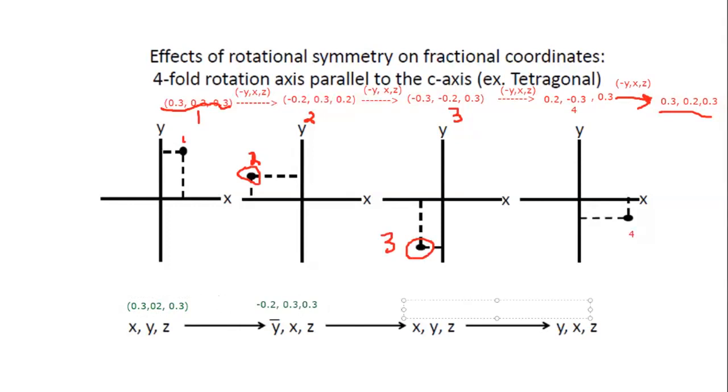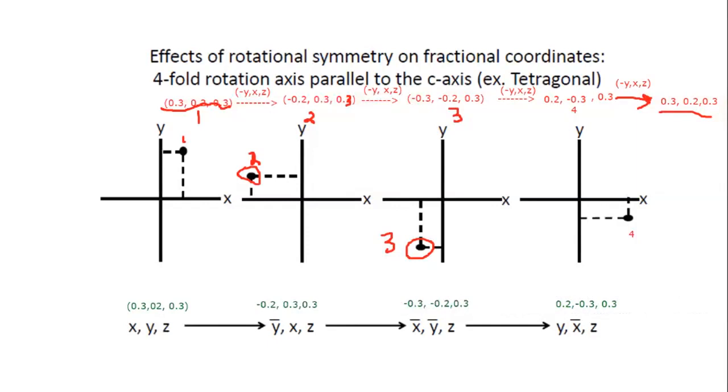So here we would have, if we're starting with the original set, negative 0.3, negative 0.2, 0.3. And then the last one would be 0.2, negative 0.3, 0.3. I'm sorry, the z should always be 0.3 for all of them. Let me correct that. There should be a 3 here.